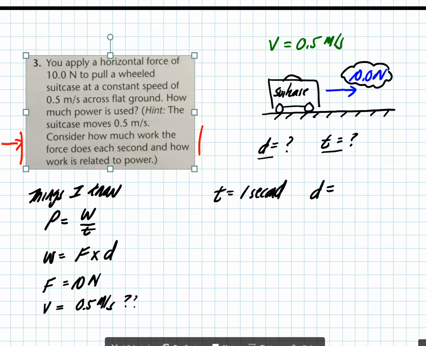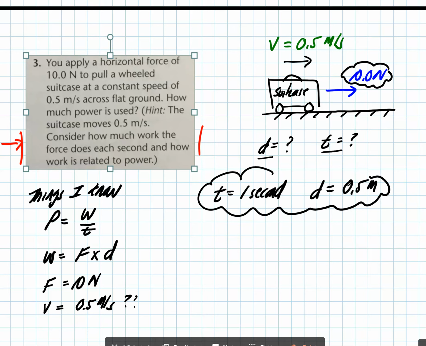Then what is the distance that this suitcase goes in 1 second if it's going half a meter per second? Think about that. It's going to go half a meter in 1 second.